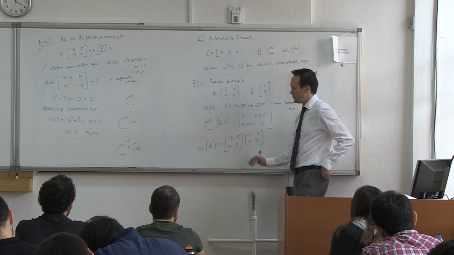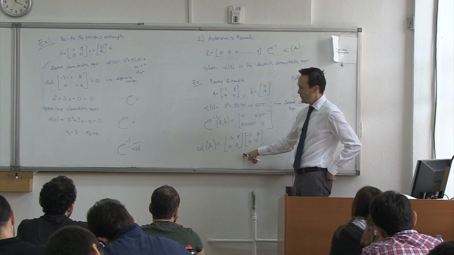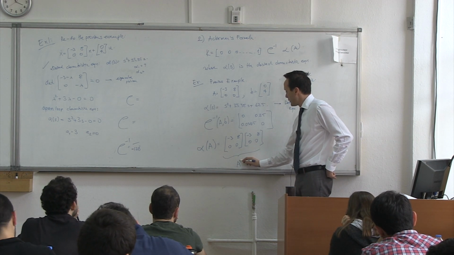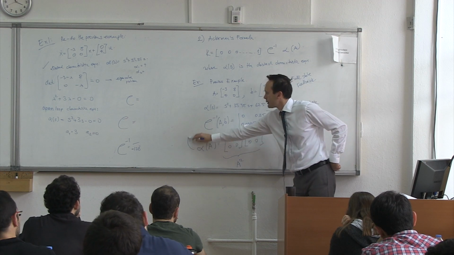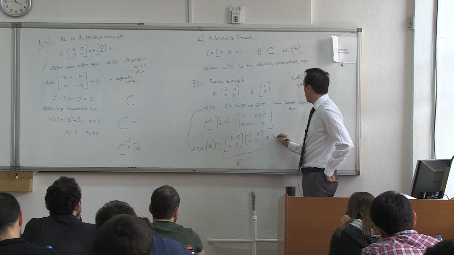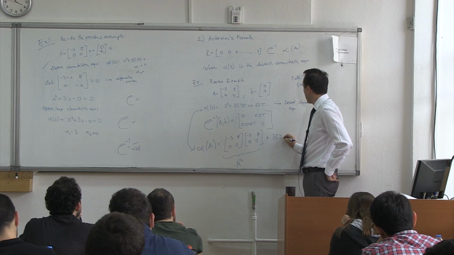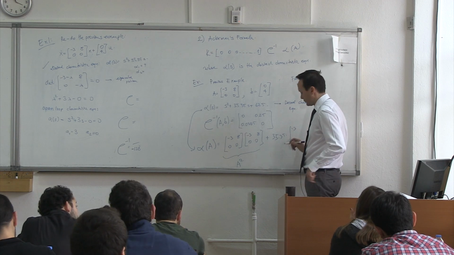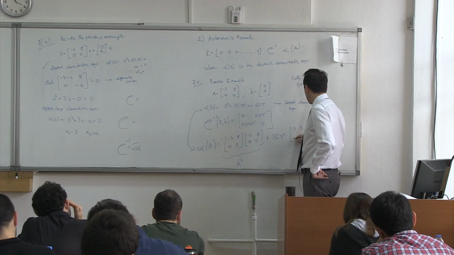That's A squared. You see? Plus 35.35 times A, which is [-3, 8; 0, 0].